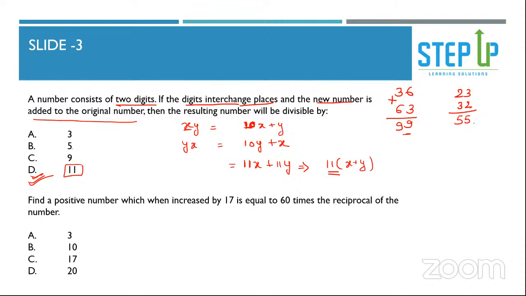Fair enough? Okay, so the next one. Find a positive number which when increased by 17 is equal to 60 times the reciprocal of that number. Go with the option.